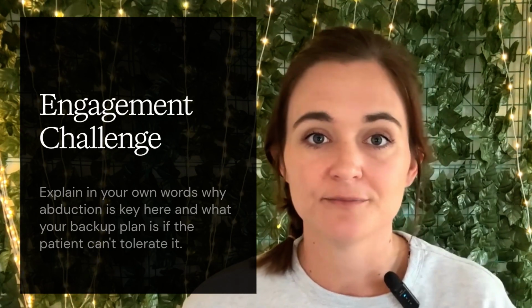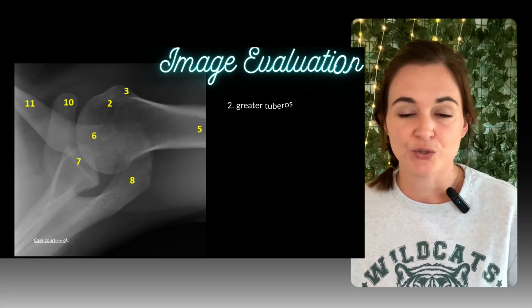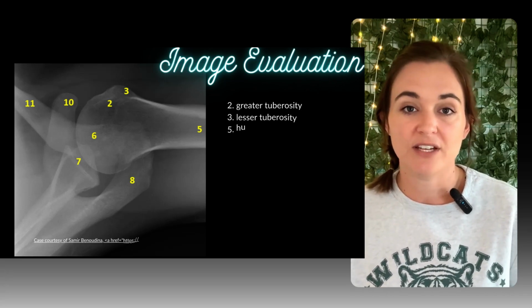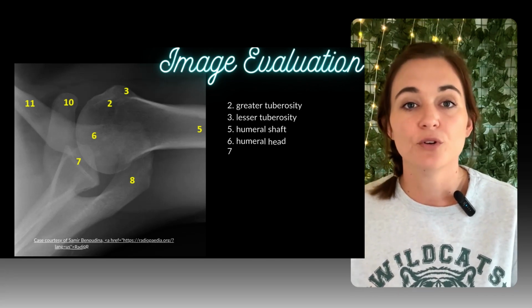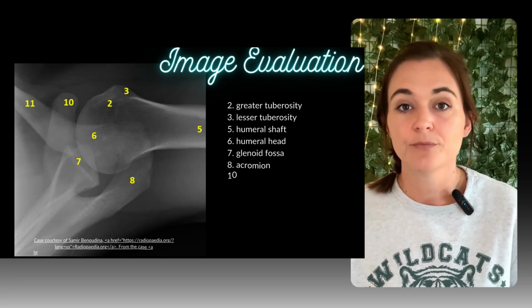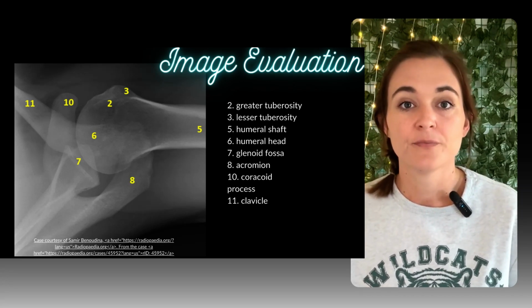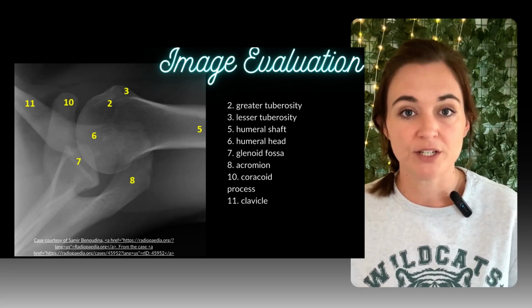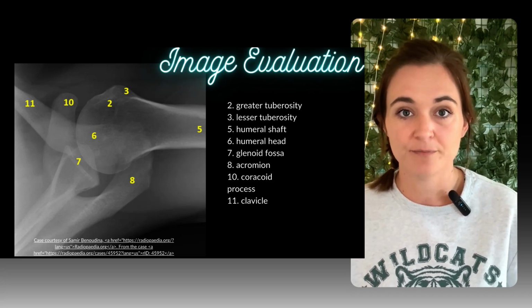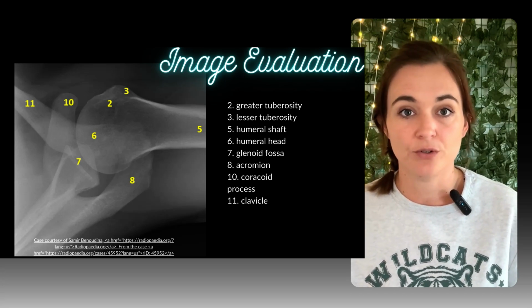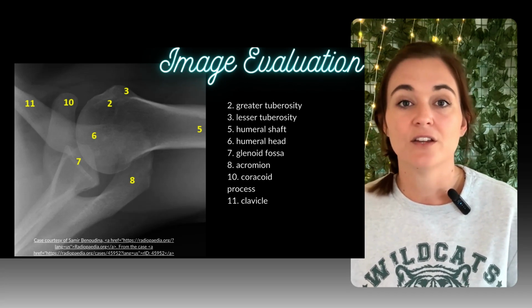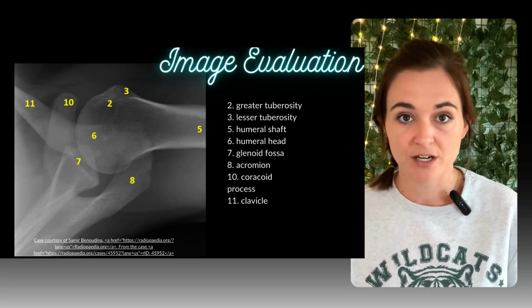On a good axial shoulder, you'll find the glenoid cavity in face, the humeral head fully visible, the coracoid and acromion forming an arc above, the clavicle seen superior and slightly posterior, the lesser tubercle anterior, and the greater tubercle posterior.